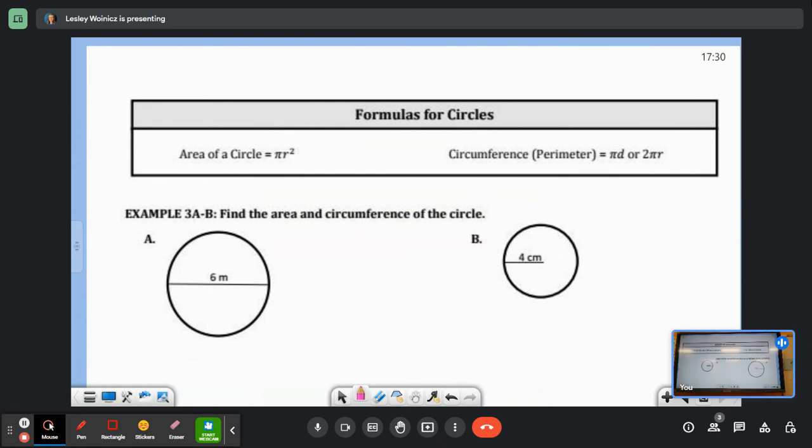Okay, so the area of a circle is pi r squared, where r is the radius. The radius is the distance from the center to the edge.